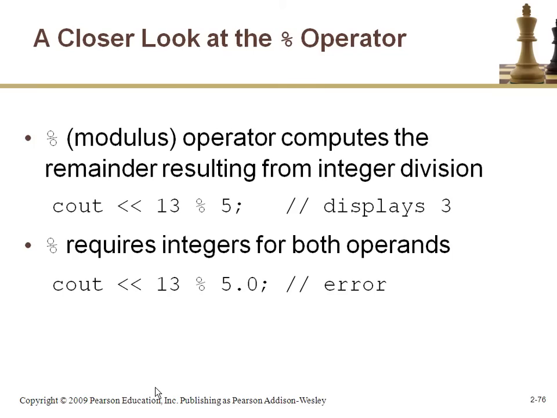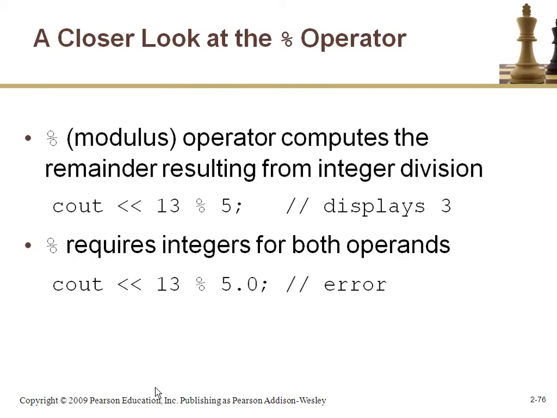For the modulus operator, here is again 13 mod 5. You have 2 fives, 2 times 5 is 10, take away from 13, the remainder would be 3.